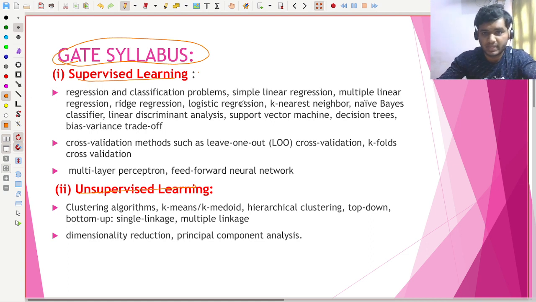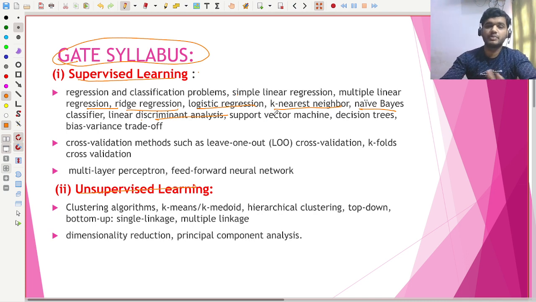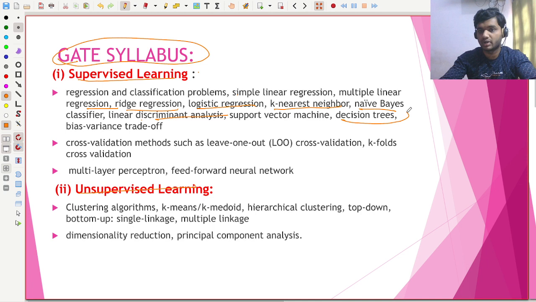First one is simple linear regression, multiple linear regression, then ridge regression, then logistic regression. After that k nearest neighbor, then Naive Bayes classifier, linear discriminant analysis that is LDA, then support vector machine, and also decision tree, which is a very important model for machine learning, then bias variance trade-off.